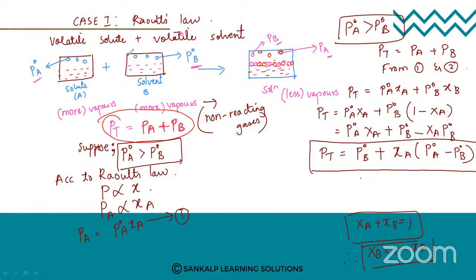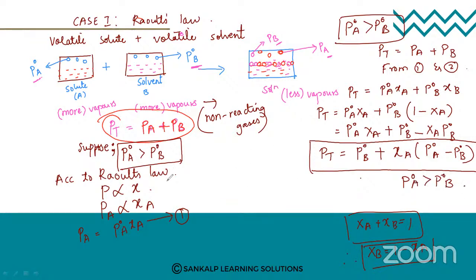We are supposing that the solute is much more volatile than the solvent. If I consider this condition and apply Raoult's law, and then apply Dalton's law, that is, the total pressure is equal to the sum of the individual partial pressures of each component, then I will get this particular equation, where we have P naught of A greater than P naught of B.